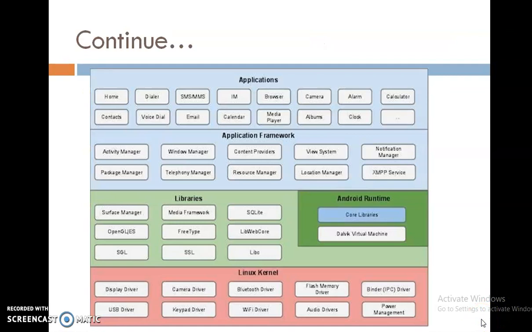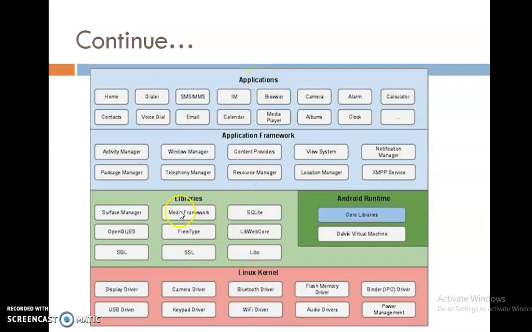Now, this is a block diagram of Android framework architecture which contains the bottom-up layer, that is, the basic core layer of Linux kernel, which contains the various drivers and power management and network security related functions. Then the layer above the Linux kernel is made up of libraries and the main layer, Android runtime. Above it is the application framework and the topmost is the application layer.